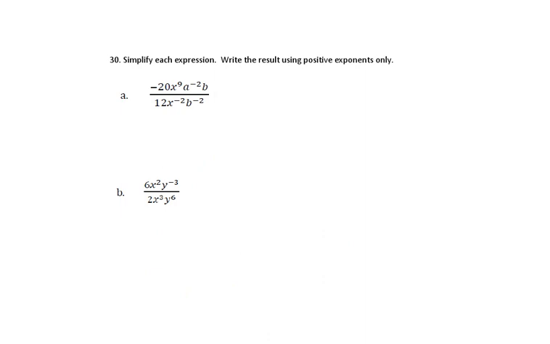Alright, number 30. The trick is to first deal with the numbers and then each individual letter. So first of all, negative 20 and 12 reduces to negative 5 over 3. Alright, with the x's, x^9 is on top, and x^-2 on the bottom can move to the top. Then a^-2 can move to the bottom, where it becomes a^2.